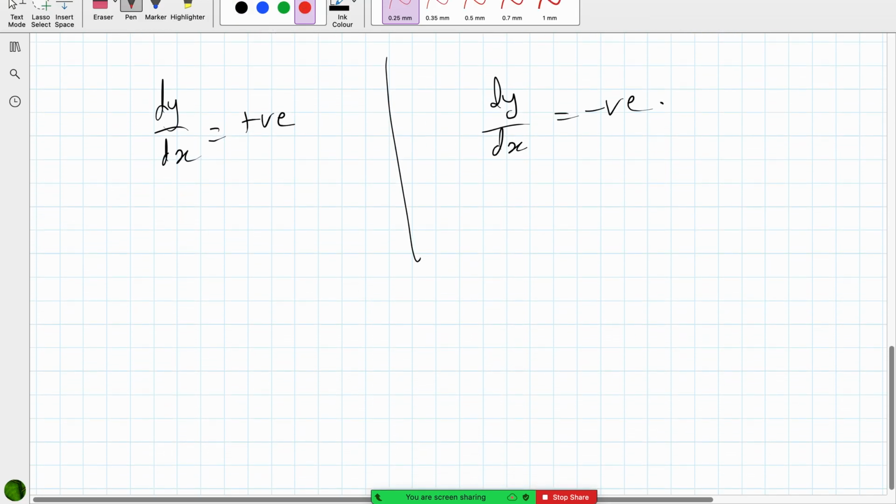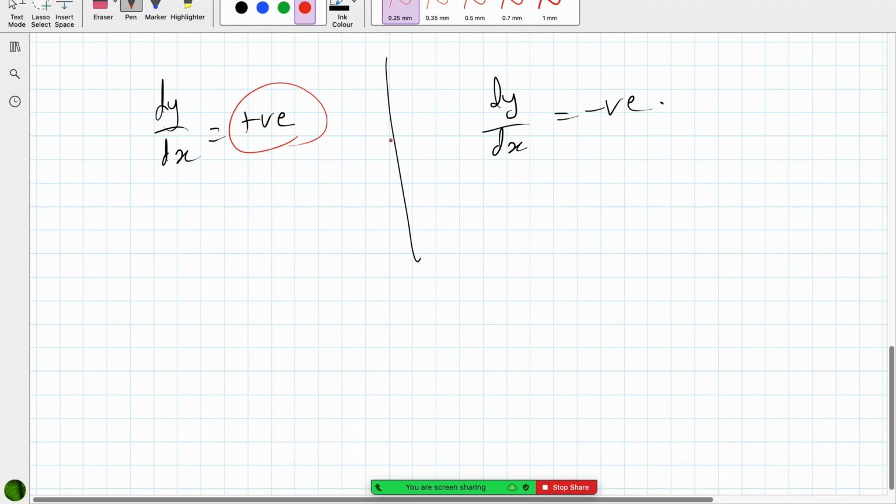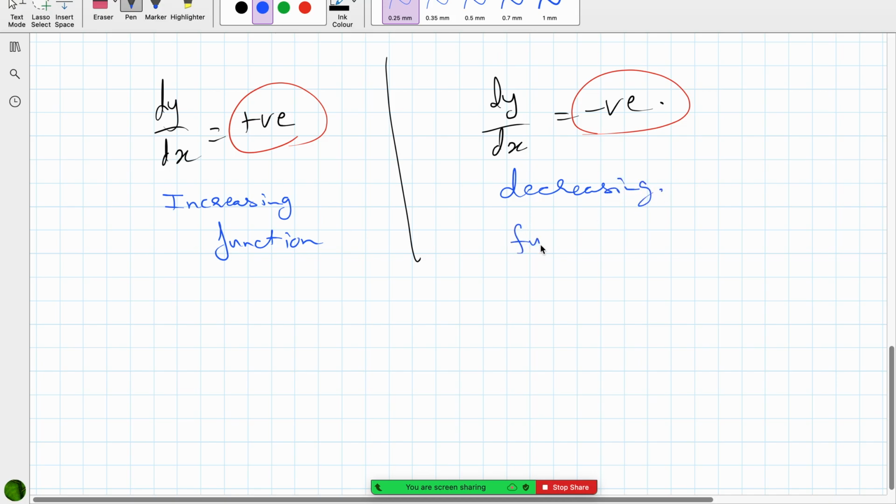Do you remember? Increasing function and decreasing function.